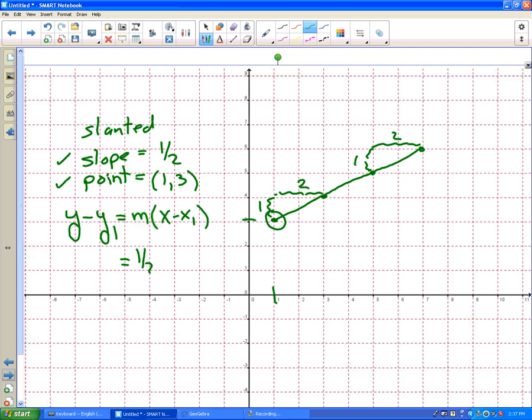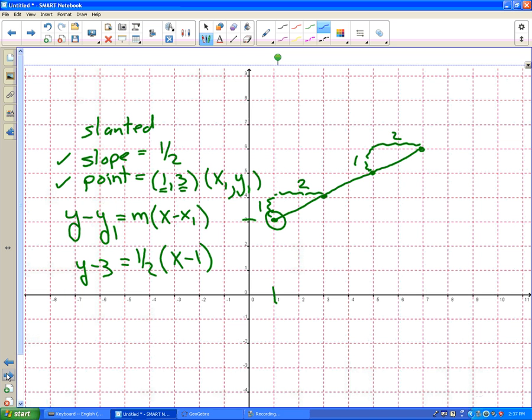The m is the 1/2, and then our point is going to tell me x1, y1. So in this case, x1 is 1, so it's x subtract 1. y1 is 3, so it's y subtract 3. That would be our equation. Nothing more to do with the equation.